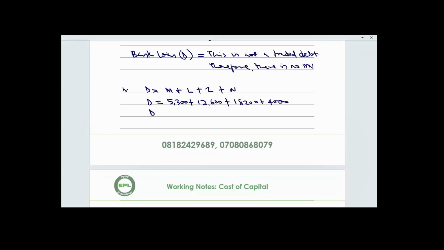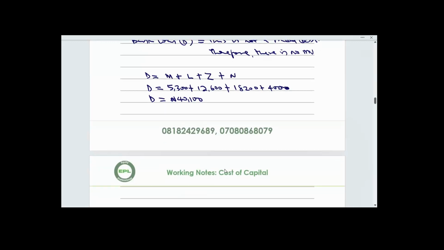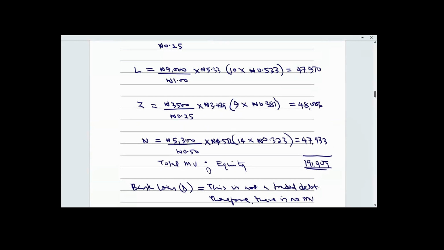Add everything together. 40,100. The total debt value for all the four freezer companies is 40,100.